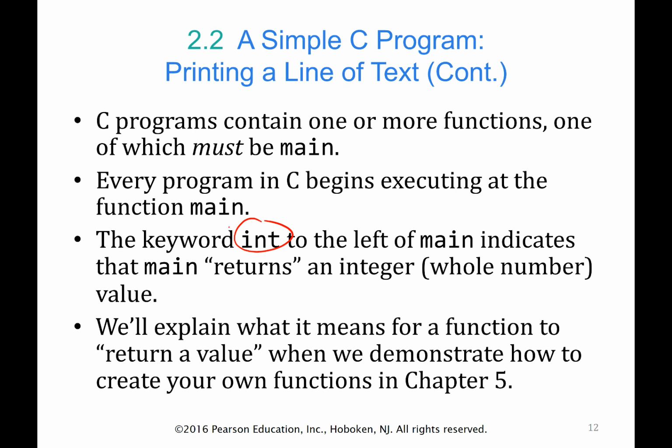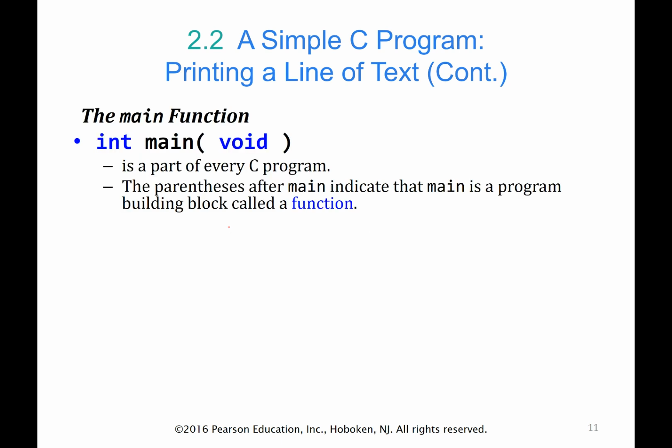I could write the hello world and leave that int out. I can replace that int with the word void, which means nothing. I can replace it with char. You can't necessarily return a string to an operating system, but you can. In this particular case, main is returning an integer.